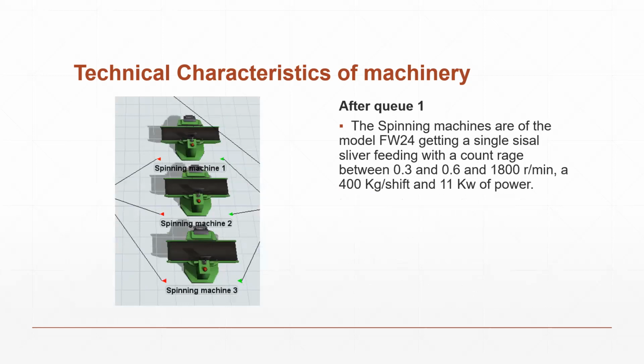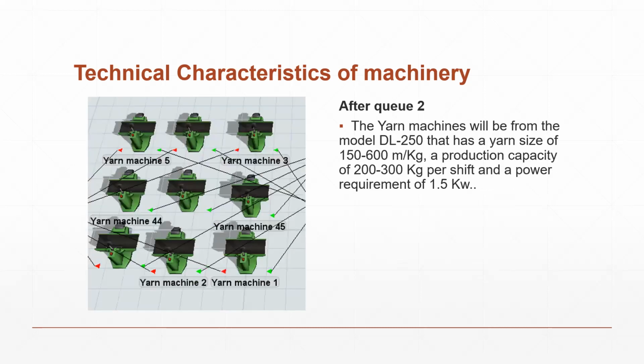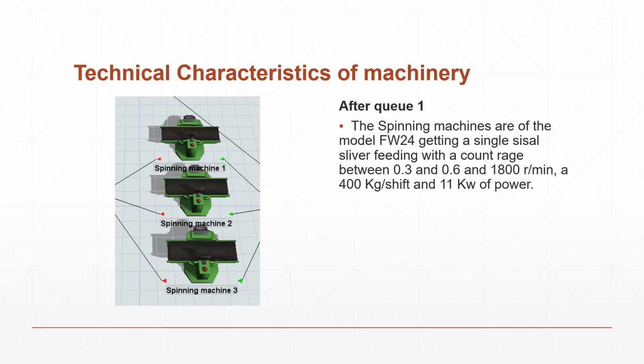Next, the spinning machine, the model FW 24, a single machine with a cone range between 0.3 and 0.6, 1,800 revolutions per minute, and the power is 11 kilowatts.